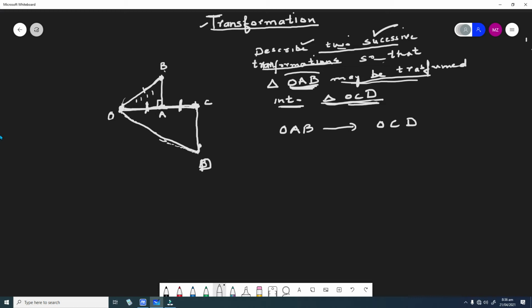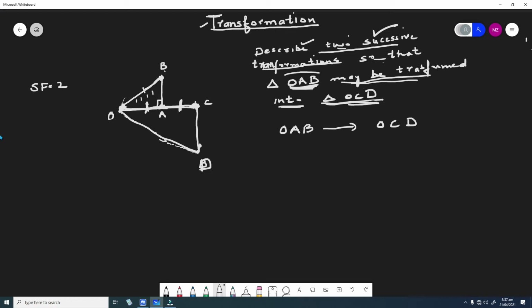So if we take OAB and find the image of A under the enlargement with the scale factor of 2, taking O as the center of enlargement, then the image of A will be C. From O to A is 1 unit and from A to C is another unit, and that will make 2 units. Since we have estimated that the scale factor is 2, from this statement that OA is equal to AC, we come to know that the scale factor is 2.